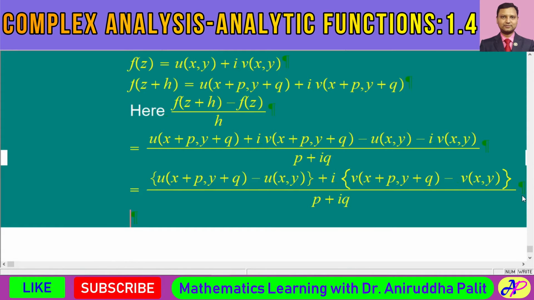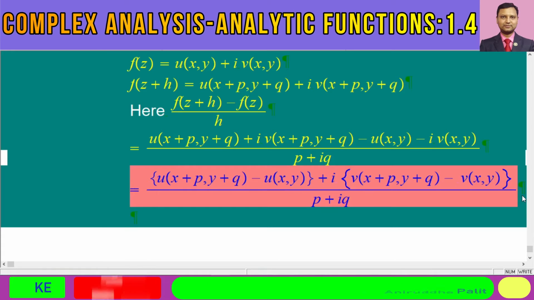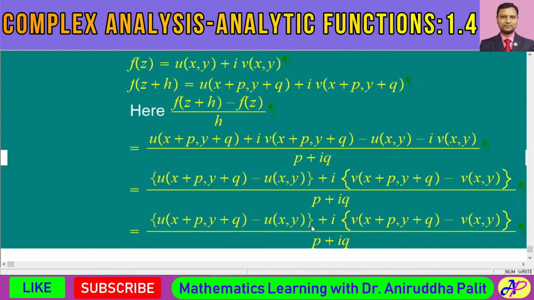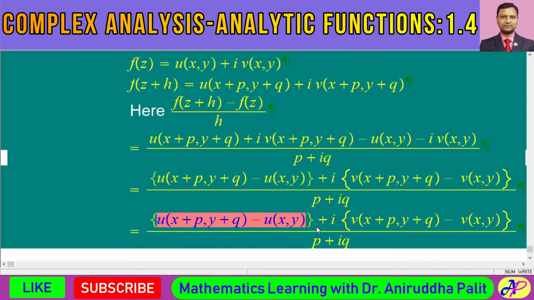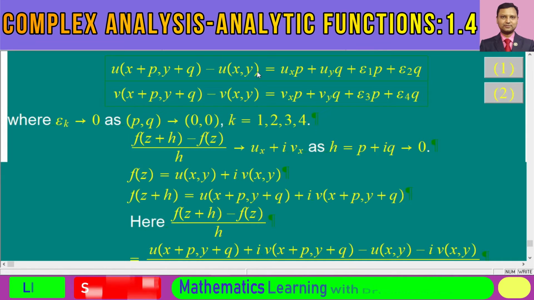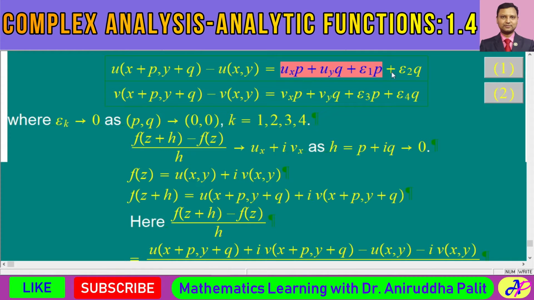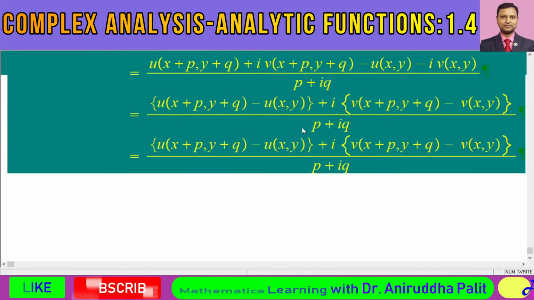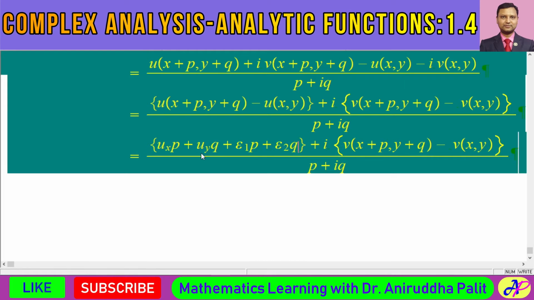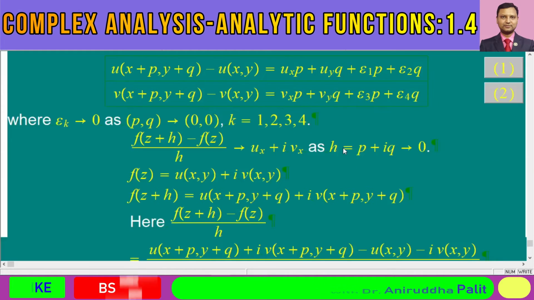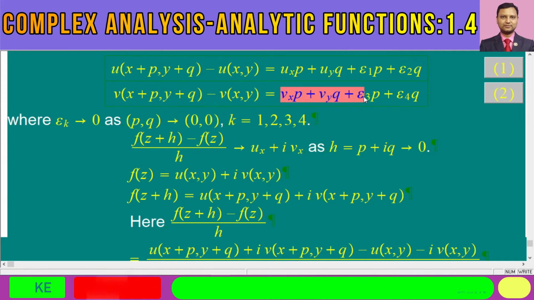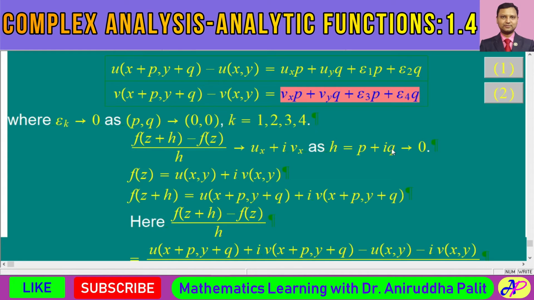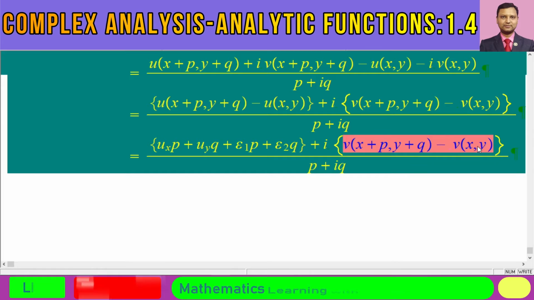Now over here you see this u of x plus p comma y plus q minus u of x comma y, this left hand side expression can be replaced by this kind of expression. So I'm just copying and pasting over here. This is the first part, and from equation number 2, this difference, that is actually delta v, can be written in this way. So I'm just copying this one and pasting it over here.